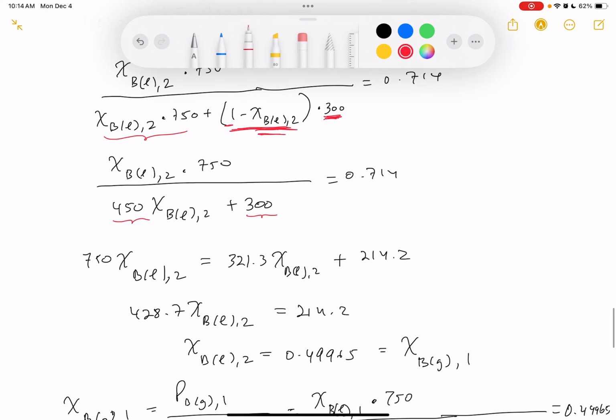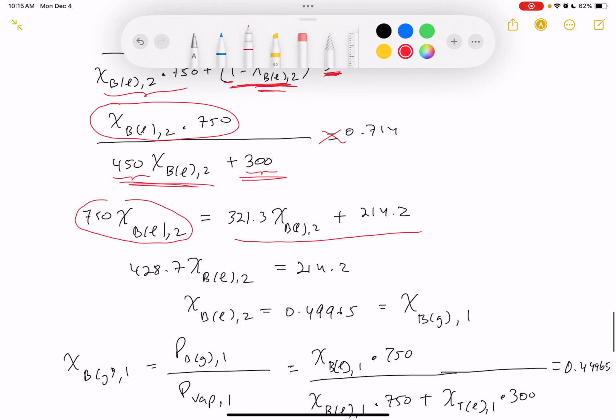Once I have that, I'll cross multiply, right? That will give me 750 on the left side, which is just the numerator portion of that, staying on the left side. And then on the right side, once I cross multiply, I get this expression, 0.714 multiplied by each of these things.